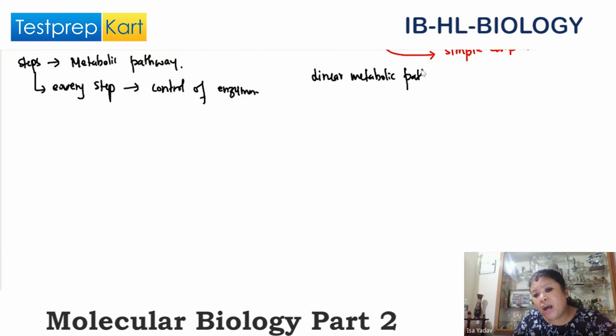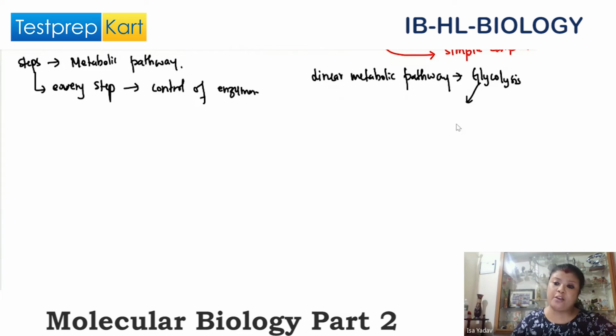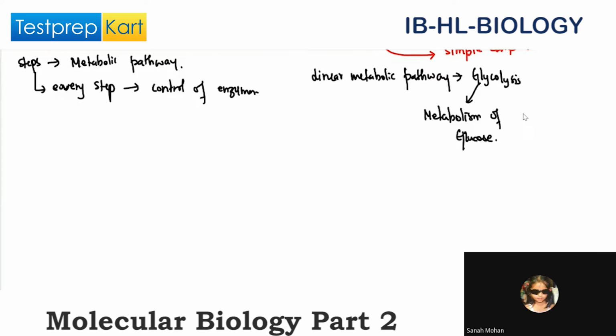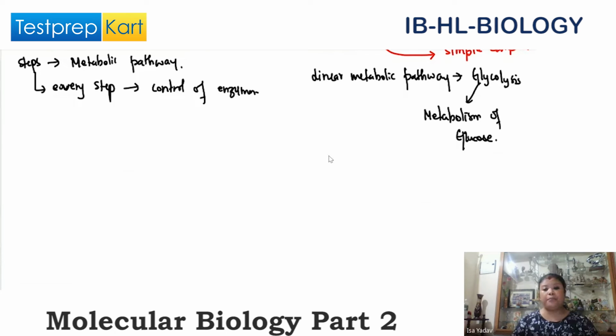We may have a linear metabolic pathway, for example glycolysis. In short, the metabolism of glucose is called glycolysis. That is a linear pathway. We also have circular metabolic pathways, which means it occurs in a circle.